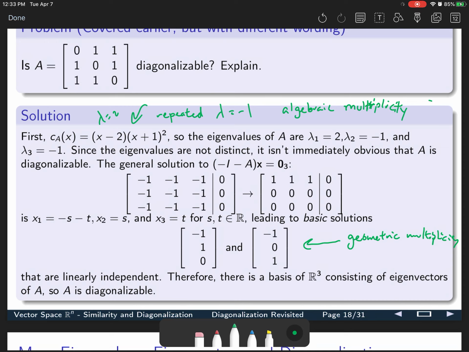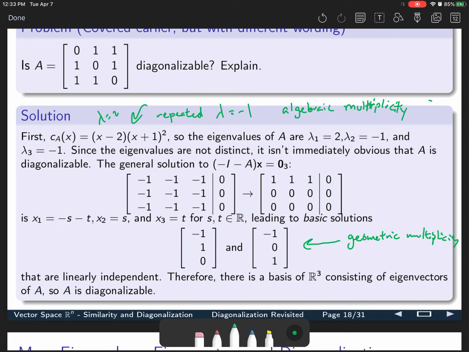Or in other words, we're going to be able to diagonalize this matrix if we can find enough linearly independent eigenvectors within each eigenspace corresponding to the different eigenvalues. So basically, -1 is repeated twice.